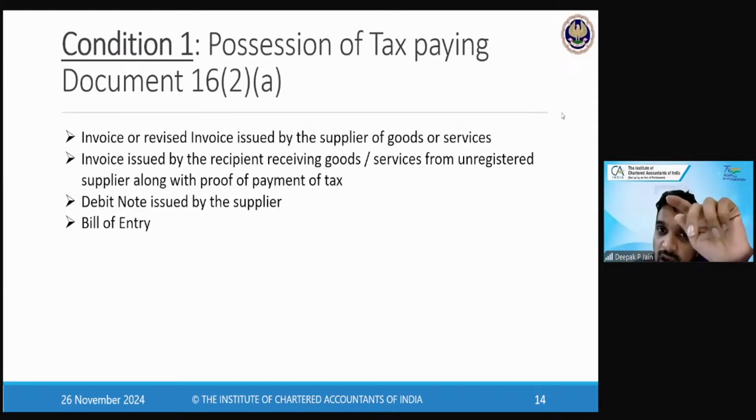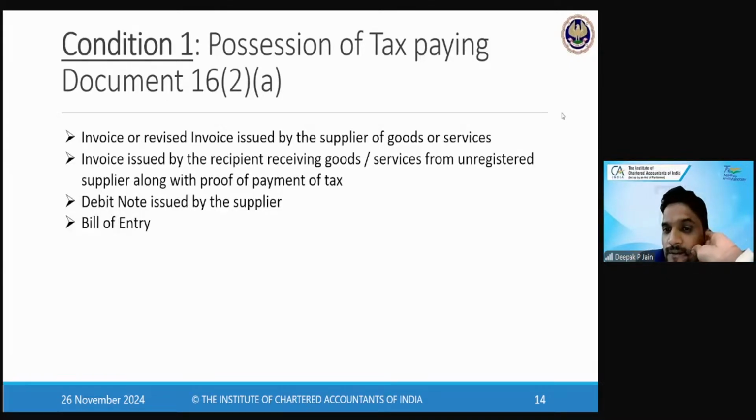Then it will also have the customs duty component and the IGST, which is levied on import of goods. It's not levied as such, it is collected there. Got it?